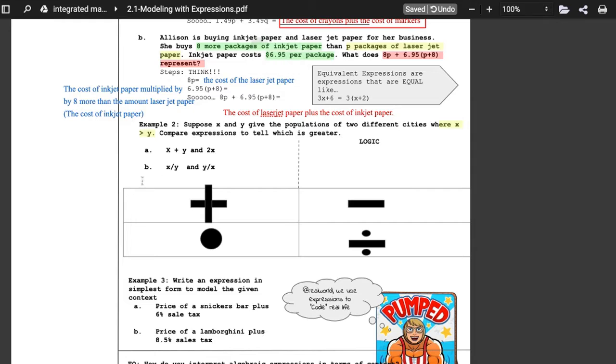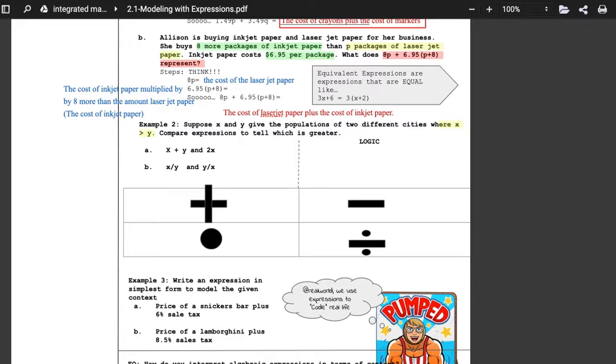So X is bigger than Y. We want to compare the expressions and tell which is greater. So if X is bigger than Y, that means X could be like 1,000 and Y could be 100. Then which of these is going to be bigger? X plus Y or 2 times X?